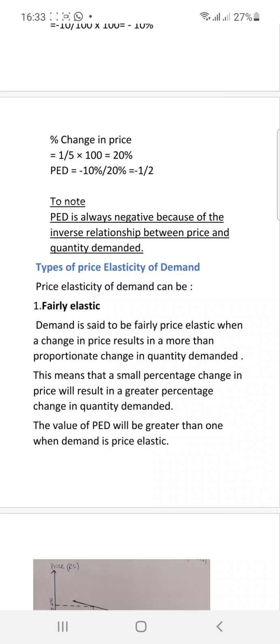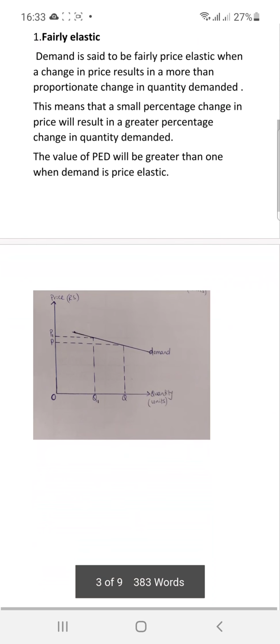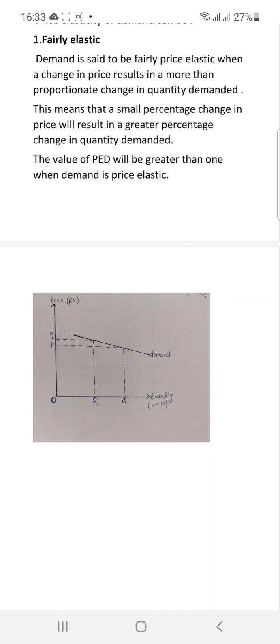When demand is fairly price elastic, the value of elasticity will always be greater than 1, because we are taking a bigger value divided by a smaller value. So the value should always be greater than 1.